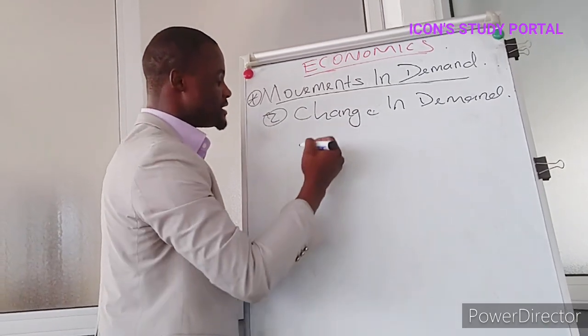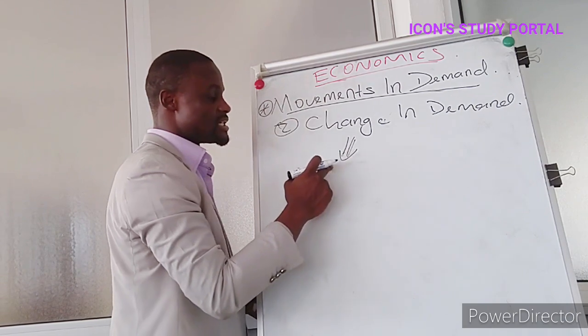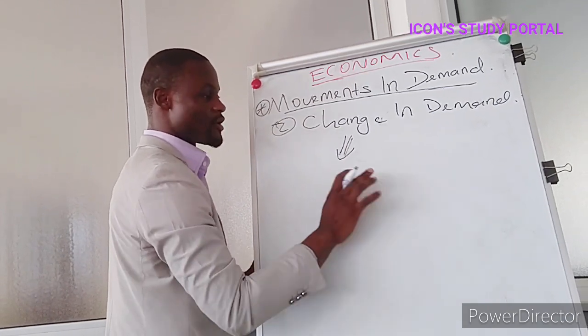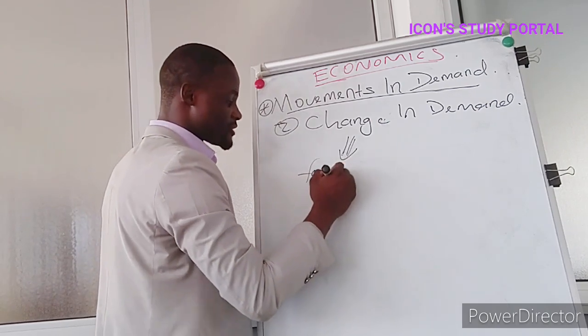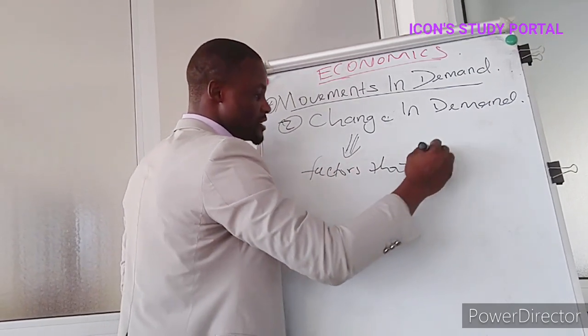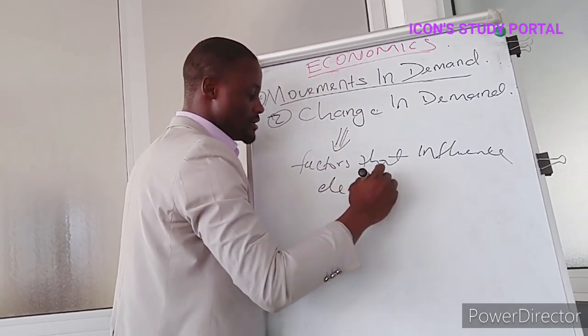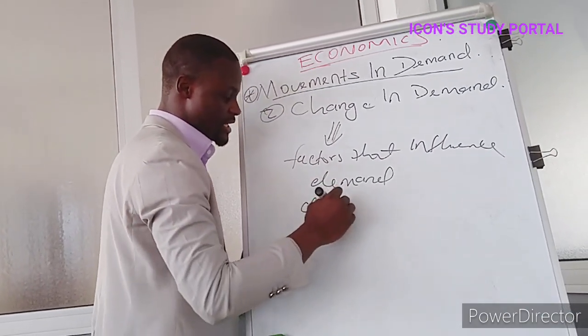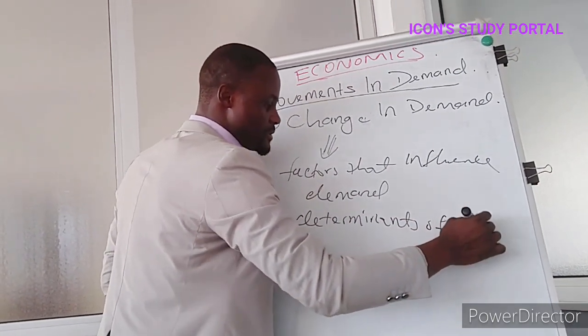So, with change in demand, the variable that causes a complete shift to the right or to the left is simply the factors that influence demand, or the determinants of demand.